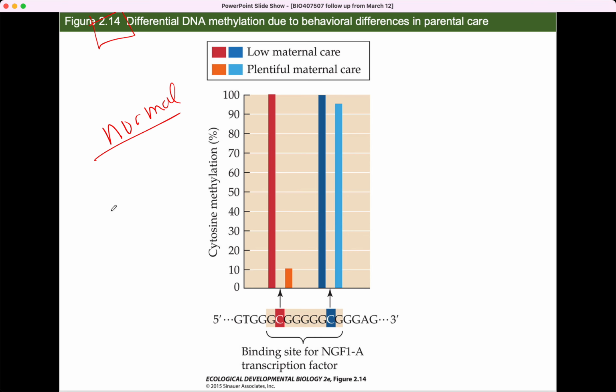We have several normal stories like the ants, and this is a change in behavior due to the conditions, with the mother of offspring behaving toward her pups, her babies. So this is an example of normal, just to highlight that.